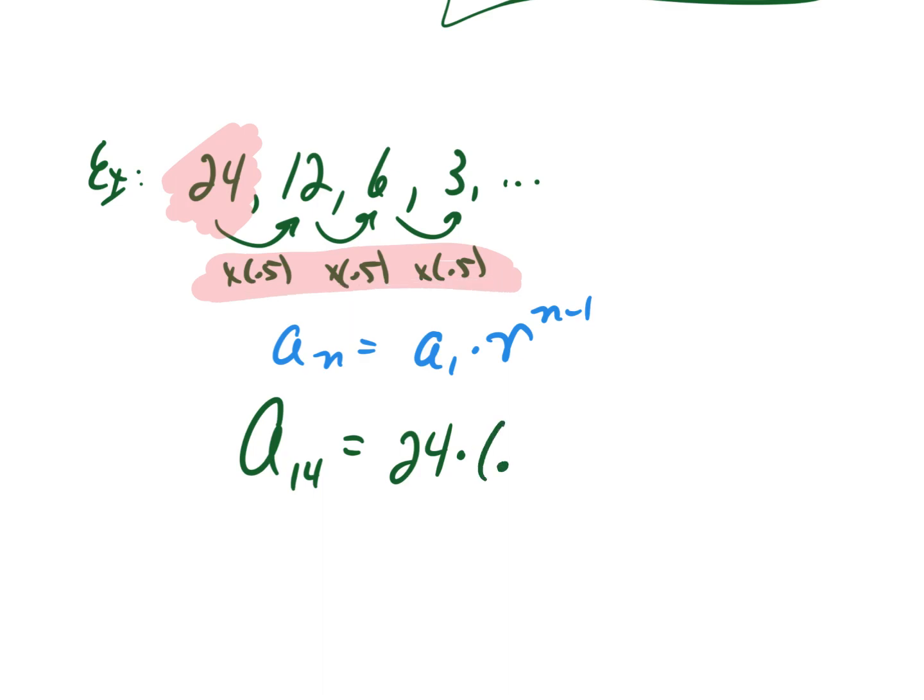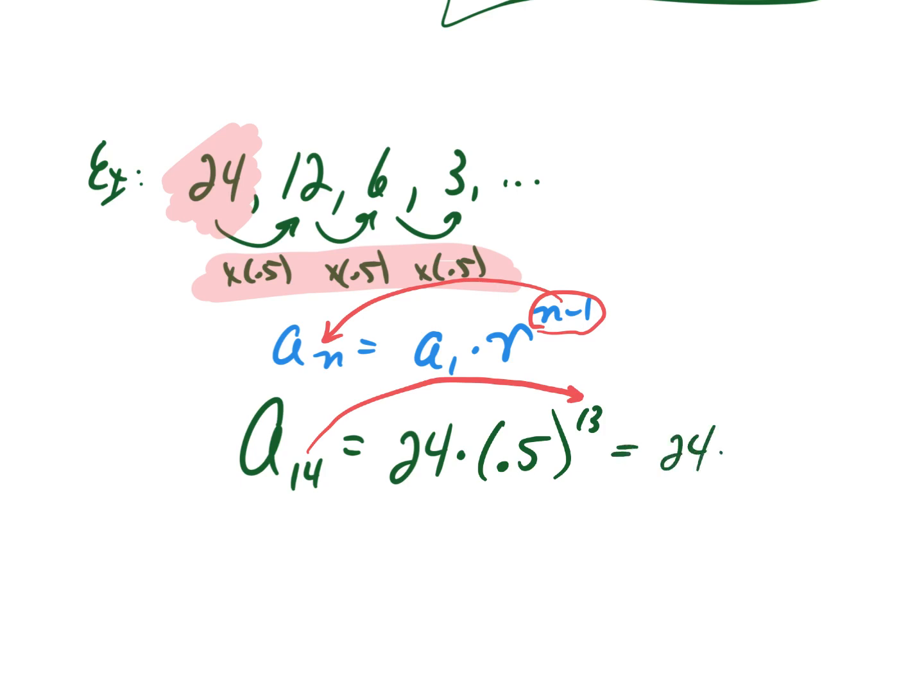So here that's a 0.5. And then finally, the exponent is always 1 smaller than the term number. So since I'm looking for the 14th term, the exponent then has to be 13. And once again, we do the exponent first, and then we do the multiplication, second.